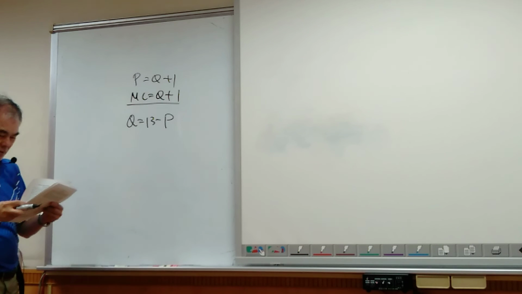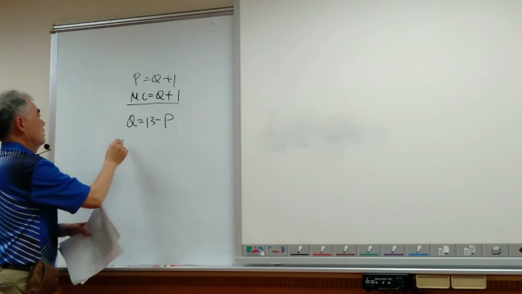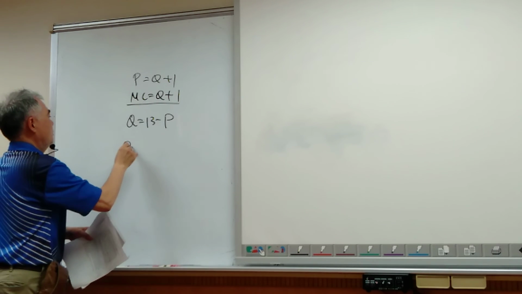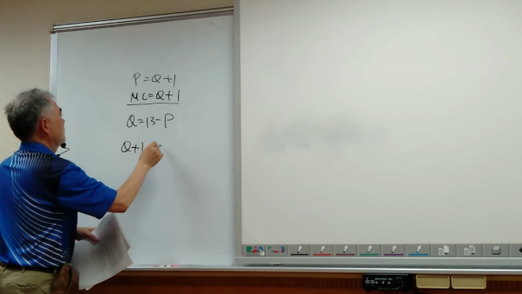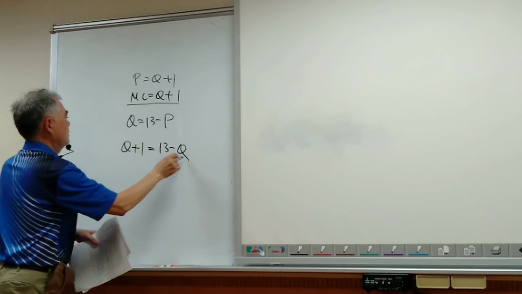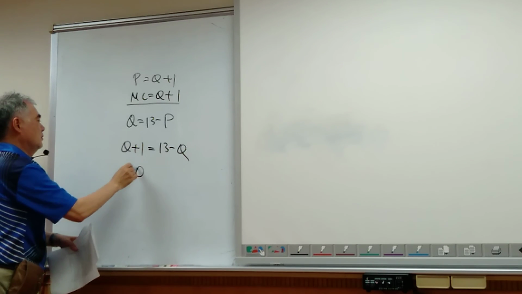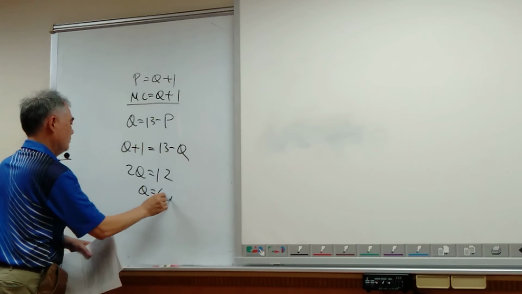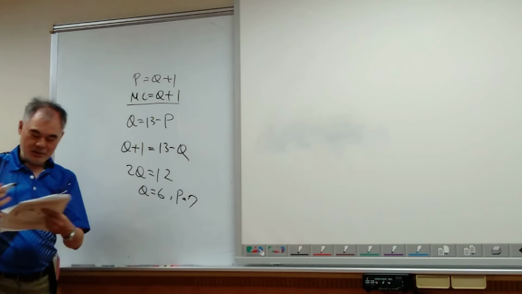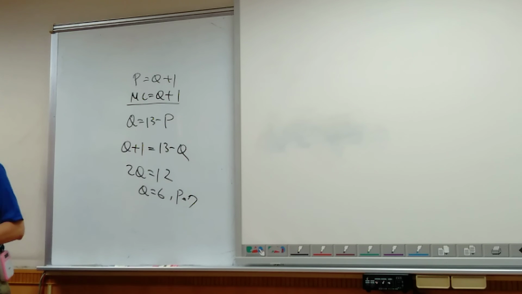So you get Q plus 1 is equal to 13 minus Q. So you have 2Q is equal to 12, so Q is equal to 6, and then P is equal to 7. Okay, so basically that's it.